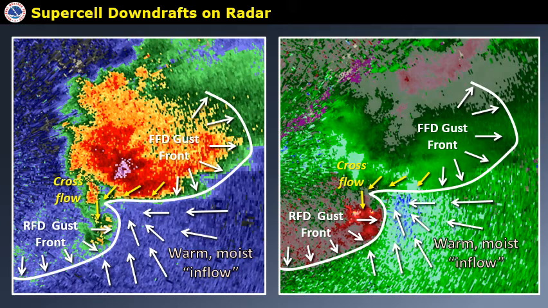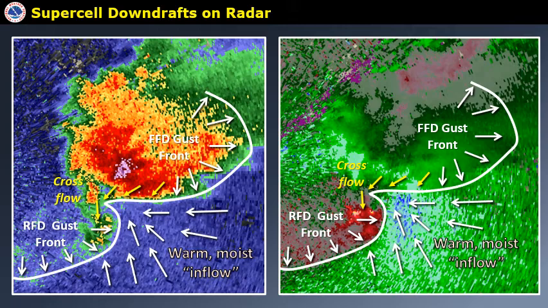The greater reflectivity, or red and pink areas seen here, indicate the forward flank downdraft, with a noticeable hook echo down to the south and west. Now we have relatively lower reflectivity values here along the RFD gust front, and more than likely this gust front is actually kicking up biological flyers, as well as the potential for generating a few more updrafts along the flanking line.